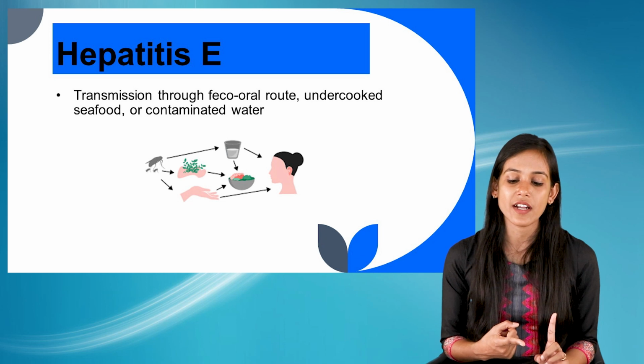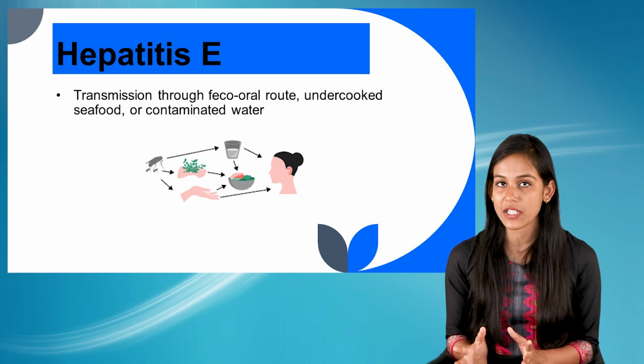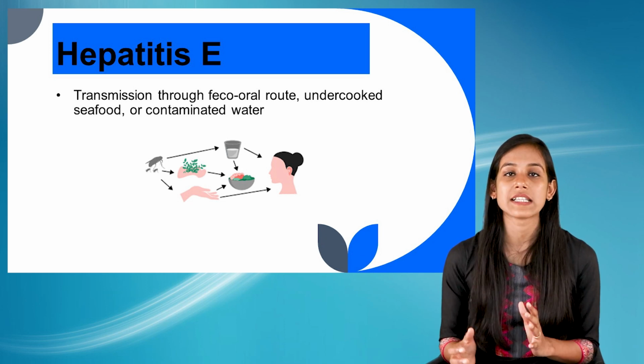So if there is undercooked seafood or contaminated water, through all these things this can be transmitted. Now this is very common in developing countries. As I mentioned earlier, this mostly happens in areas with poor sanitation, which is very common in developing countries.